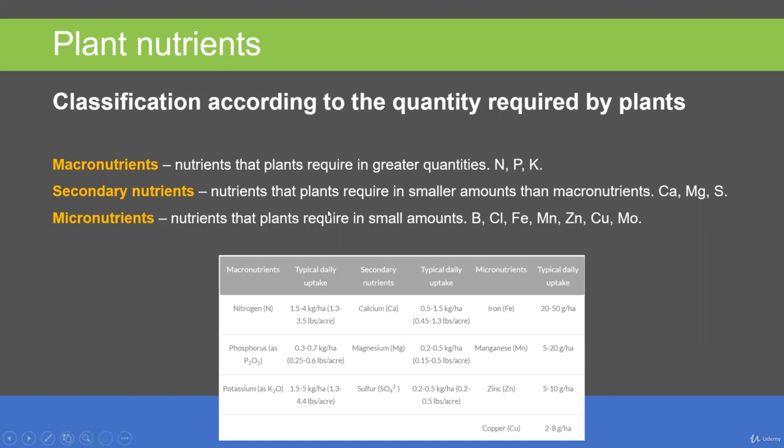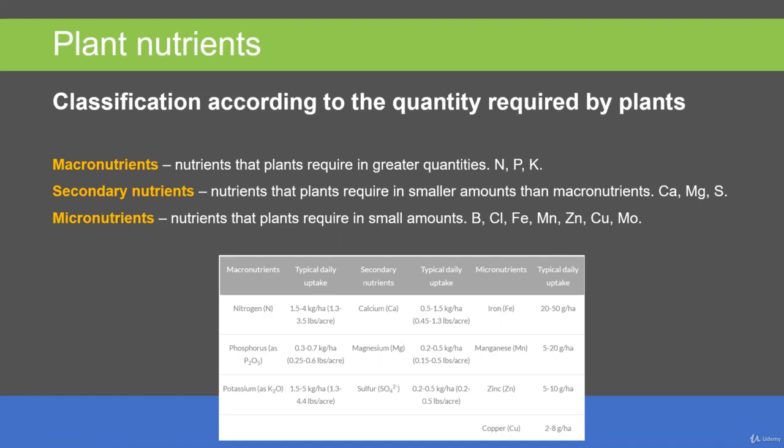In this table over here, we can see the typical daily uptake of crops. This is very, very general. These are not fertilizer recommendations or nutrient recommendations. These are the typical uptake rates, just to compare the quantities. So for instance, nitrogen is required by most crops, we have a requirement of between 1.5 to 4 kilograms per hectare, 1.3 to 3.5 pounds per acre.